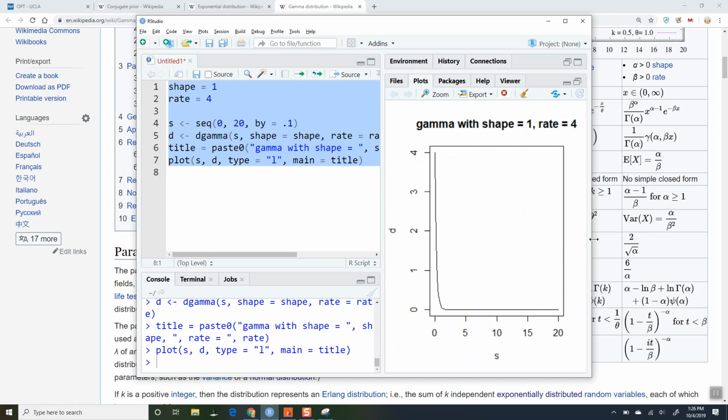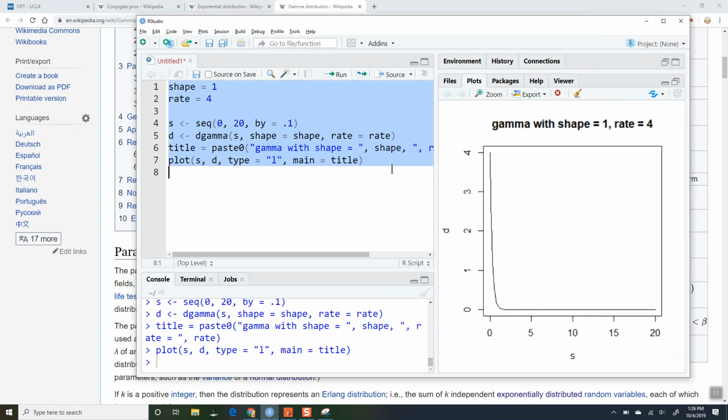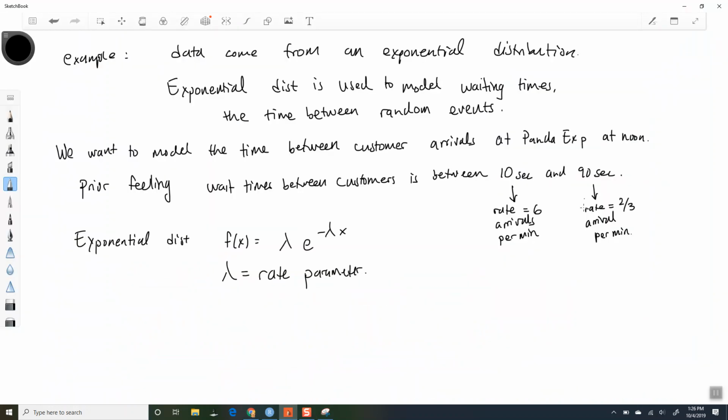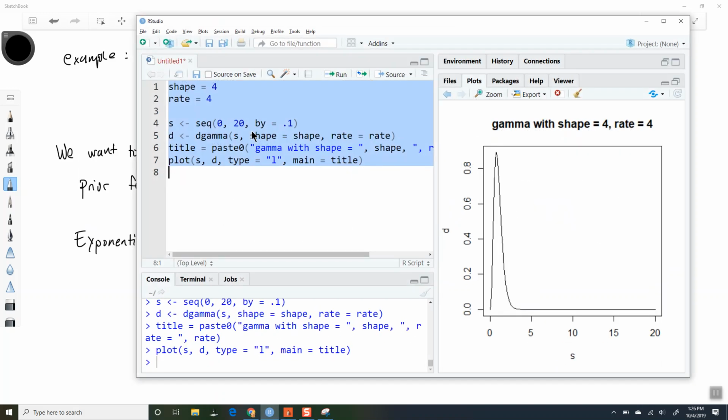Okay. So here I've got basically an exponential distribution when shape is 1. So we'll try like shape 4. Okay. So now what we want is for the value we get here to be somewhere between 2/3 and, wait, where did I write this? We want it to be somewhere between 2/3 and 6.